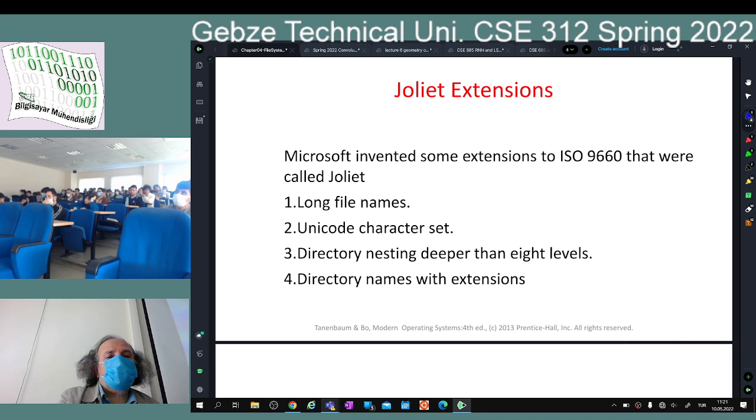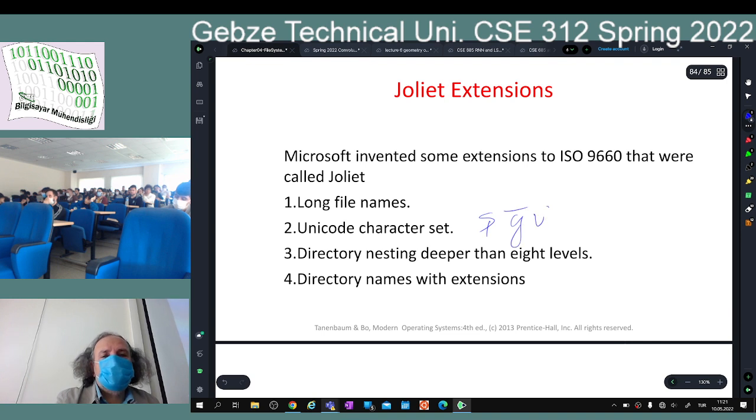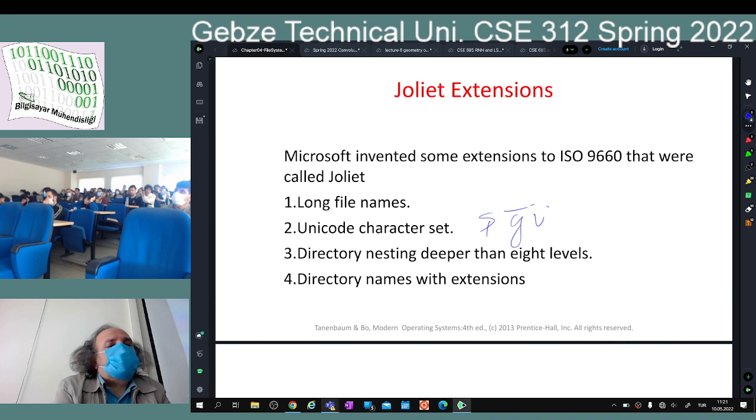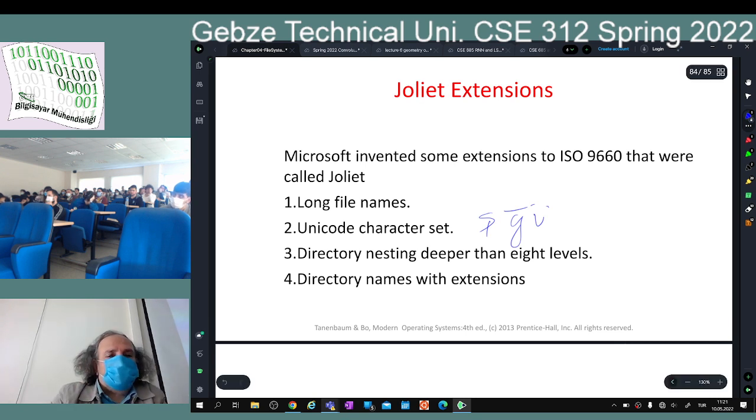So if you like to use letters like Turkish characters, you are in trouble. If you remember, some time ago we tried to avoid using these kind of characters in our file names. Nowadays we are not careful about those. So the Unicode character set is supported only by this extension for the CD-ROMs.